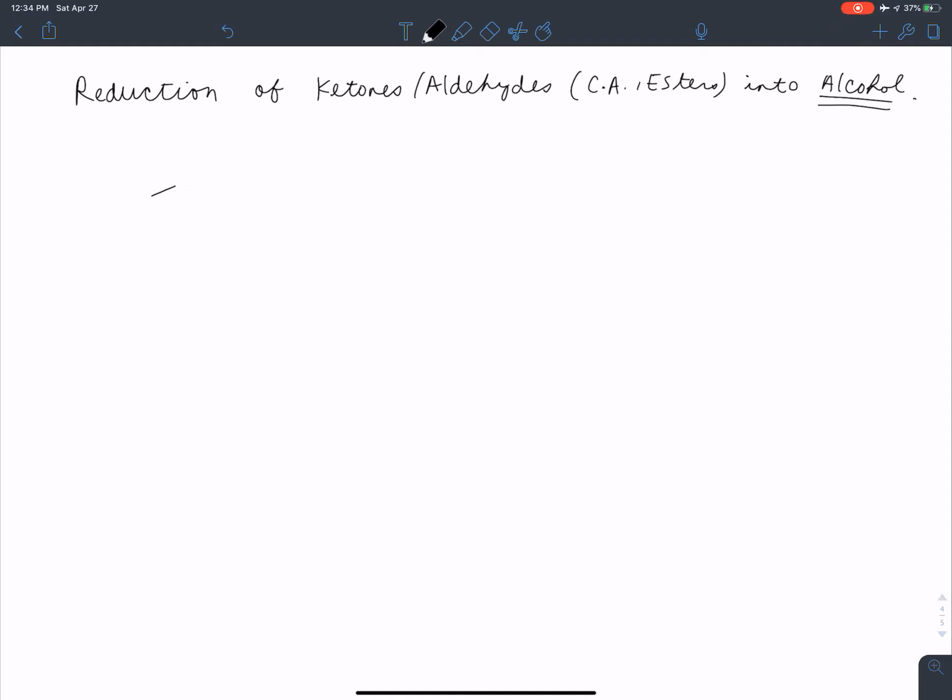So for example, I have PhOMe, this ketone right here. What happens is that when I take sodium borohydride in the presence of methanol, I get a secondary alcohol because this was a ketone right here.